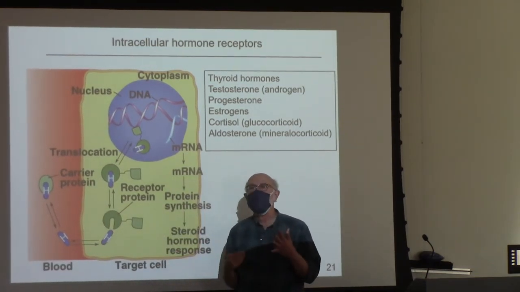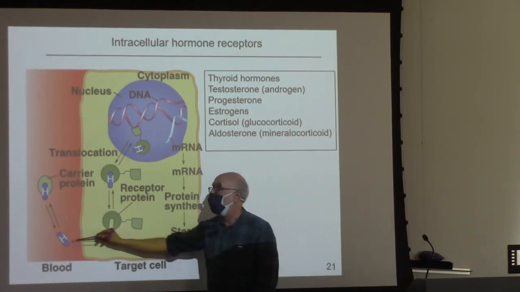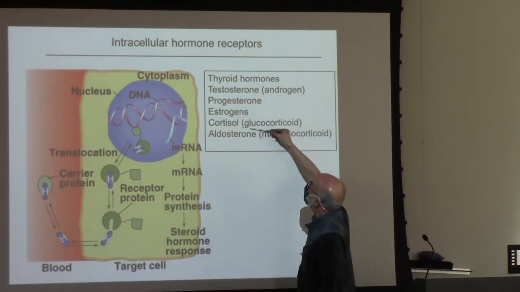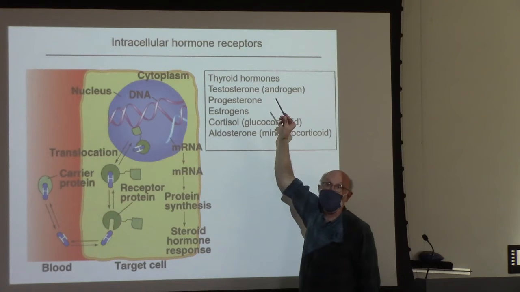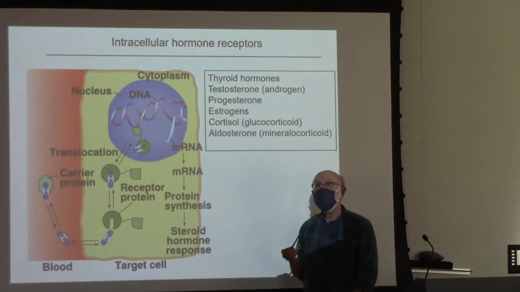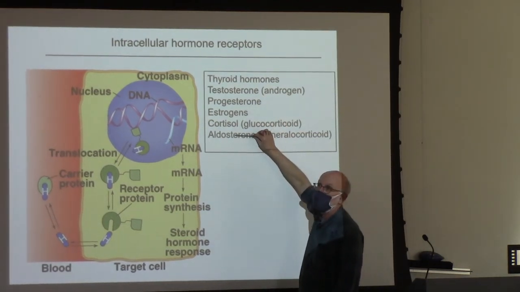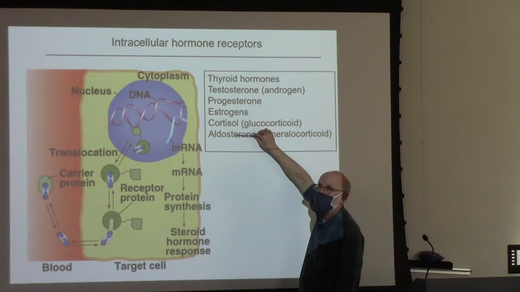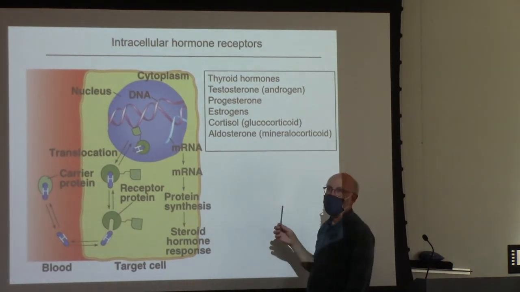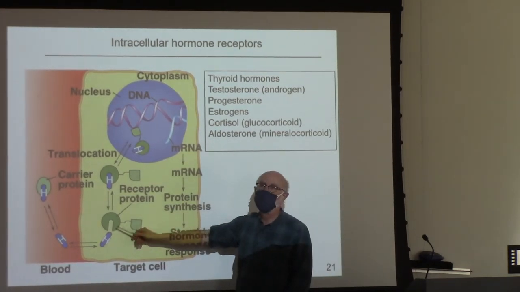So what does that mean? The hormone has to be at least partially hydrophobic in order to do this diffusion. So now we can tell we're talking about the steroid hormones, and it turns out the thyroid hormones also do this. So if you remember the names of the steroid hormones, which you do need to remember, you know 5/6 of the types of hormones that interact with this type of receptor.